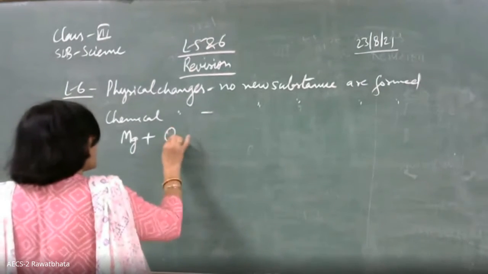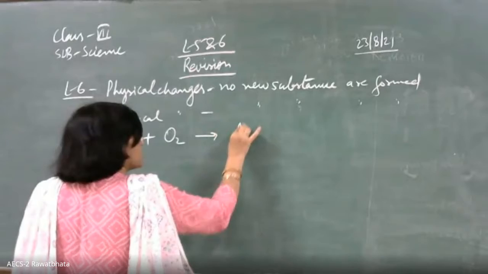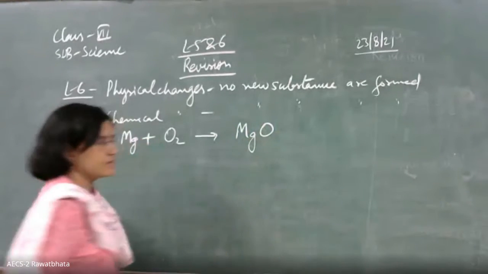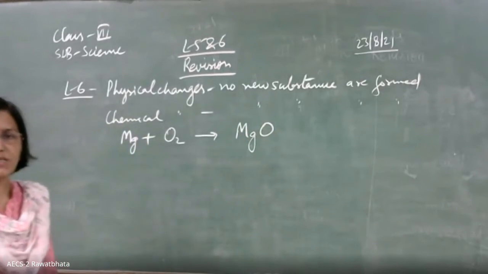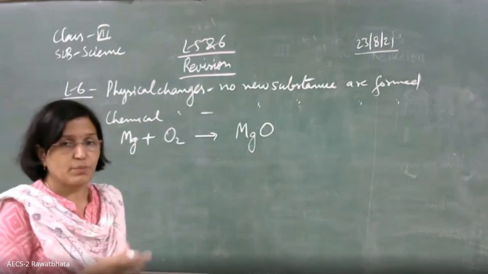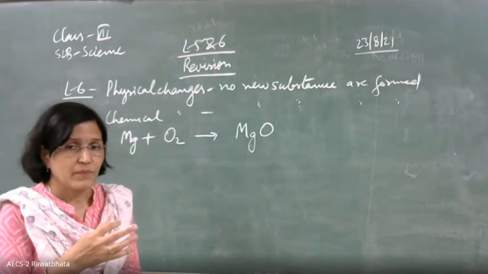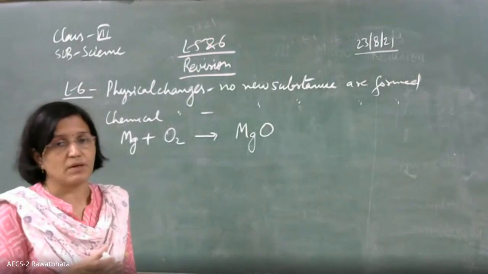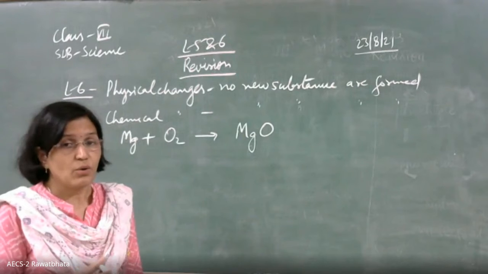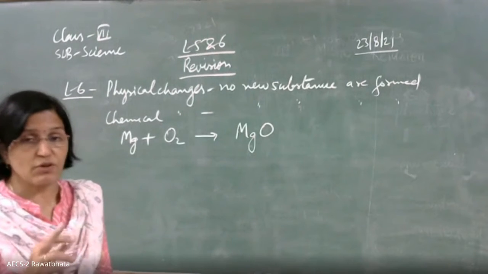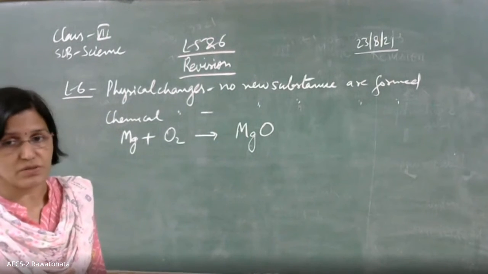Magnesium plus oxygen gives magnesium oxide. Your assignment today will be that you are supposed to find out the names of these. I am speaking also side by side. The names are mentioned in the chapter very well. Note down their names. I am just giving you the symbolic representation of the equations.